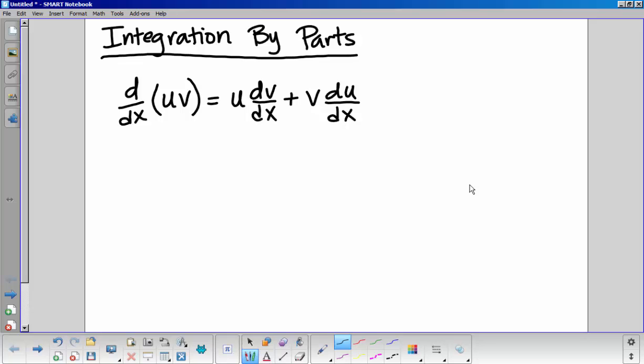No. So I'm going to get rid of this terminology because it could be with respect to any variable. So the derivative of u times v is equal to u dv plus v du.